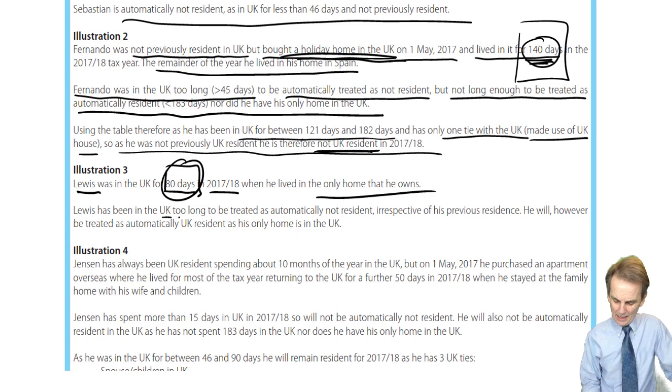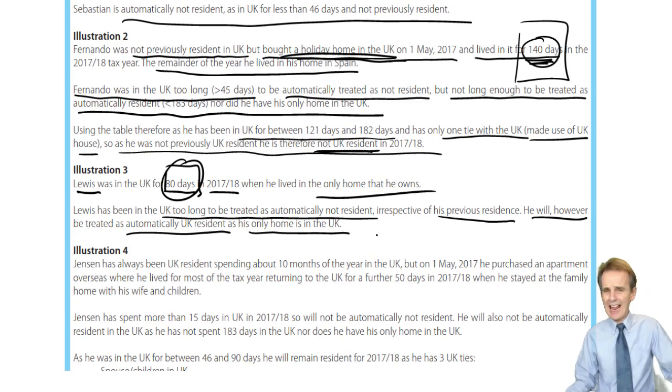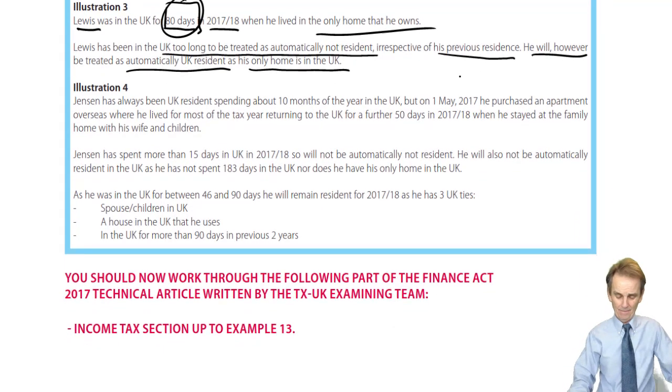So Lewis has been in the UK too long to be treated as automatically not resident, irrespective of his previous residence there. He will, however, be treated as automatically UK resident as his only home is in the UK. That's the criteria. Not based on the number of days, 80 is not at least 183, but based on the fact that his only home is in the UK.